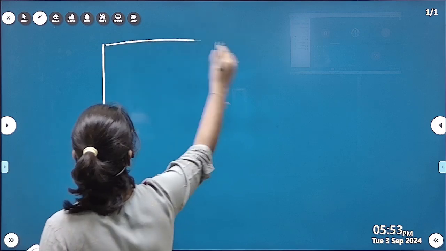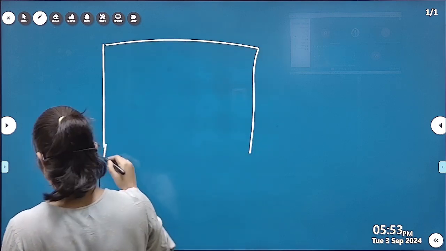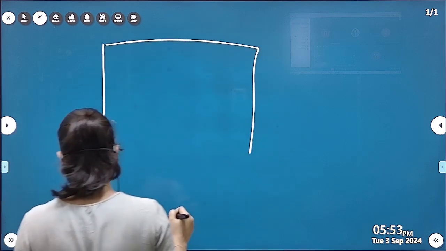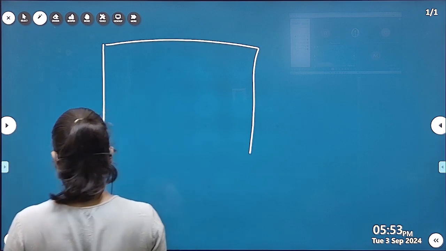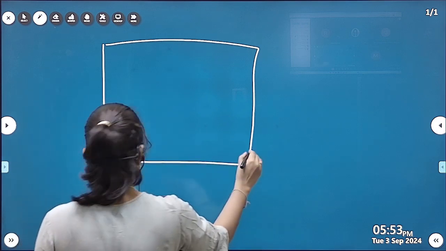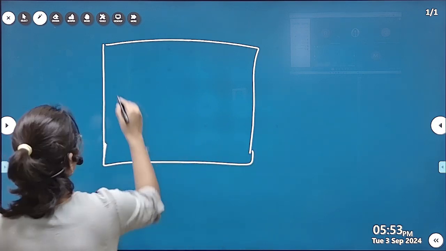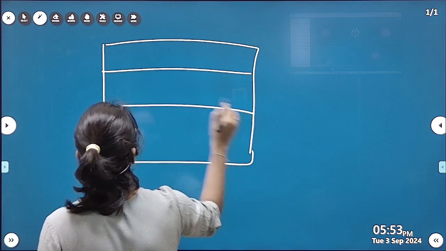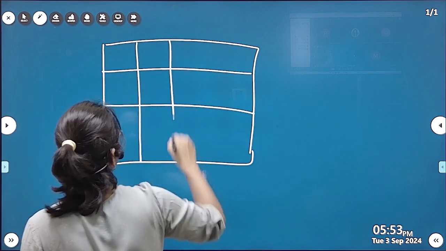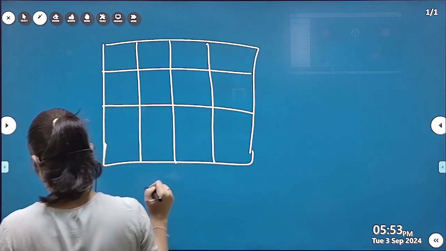So draw the table. Three rows and 4 columns. 3 rows, 4 columns. Okay.